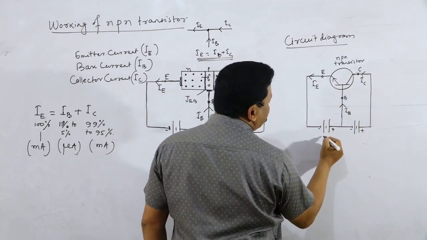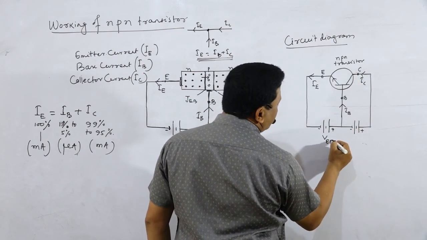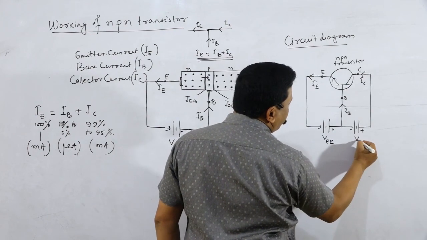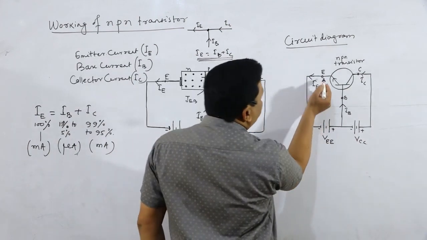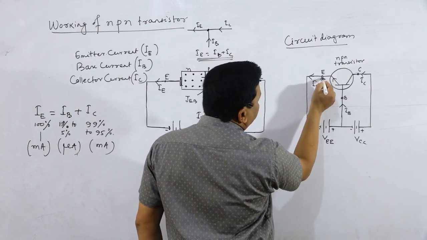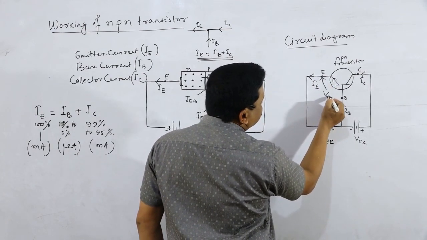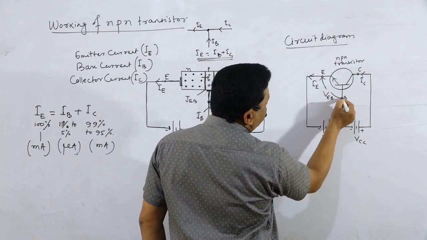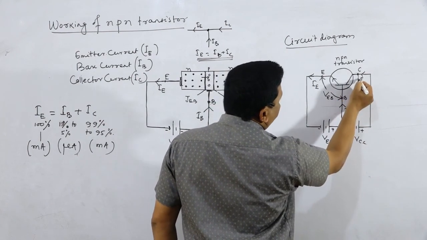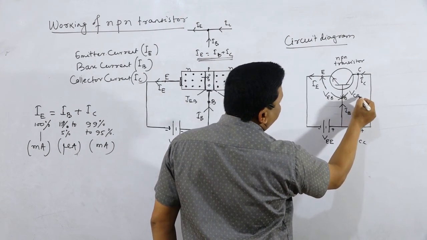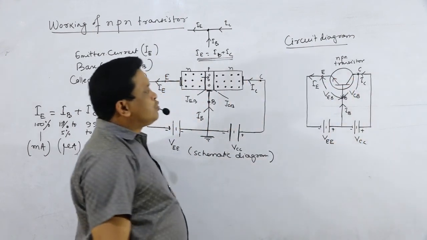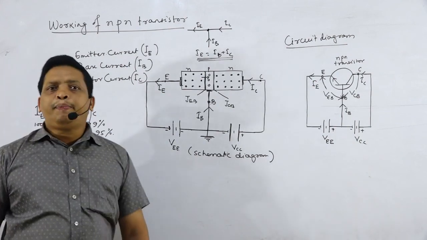Okay, and these are the two batteries, input battery VEE and output battery VCC. Input voltage is the emitter base voltage, and output voltage is the collector base voltage. So this is the working of NPN transistor.